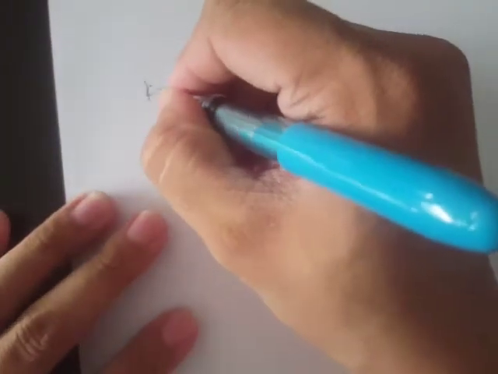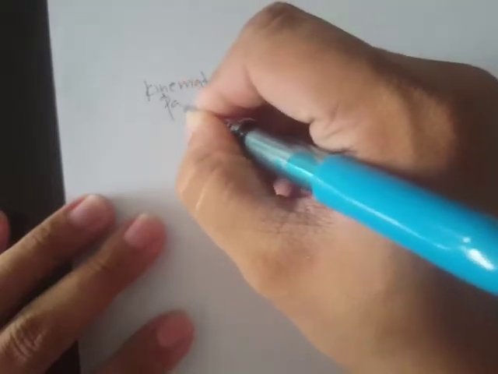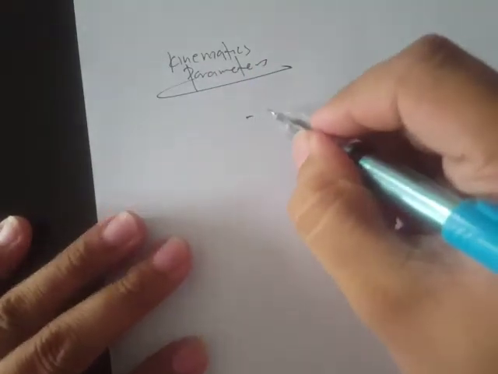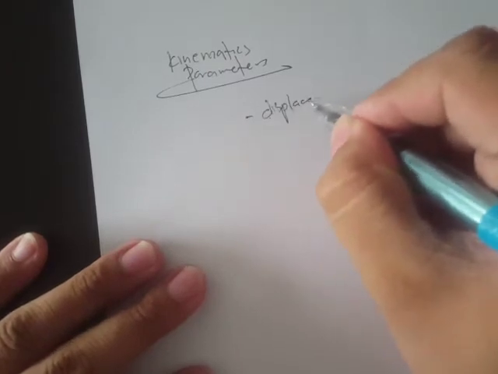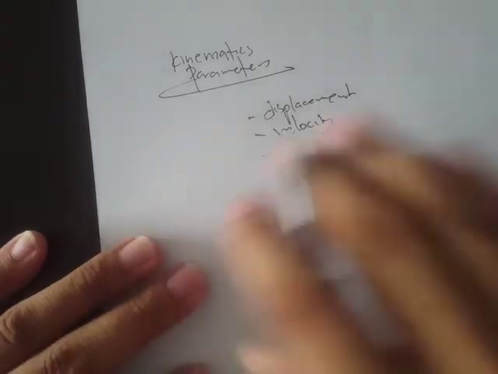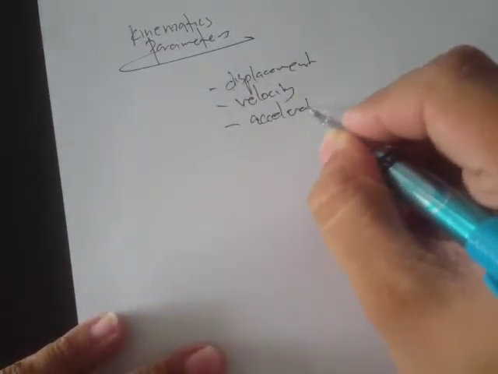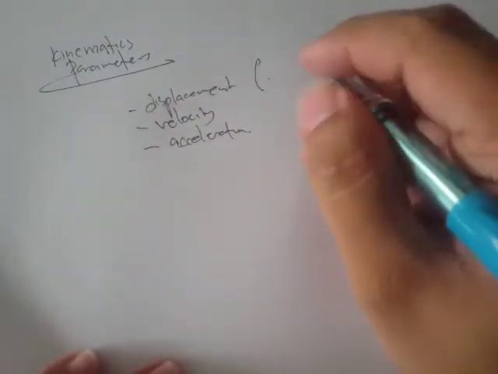Okay, so now let's review our kinematic parameters. And these are displacement, velocity, and acceleration. When we say displacement, basically it's just a change in position.